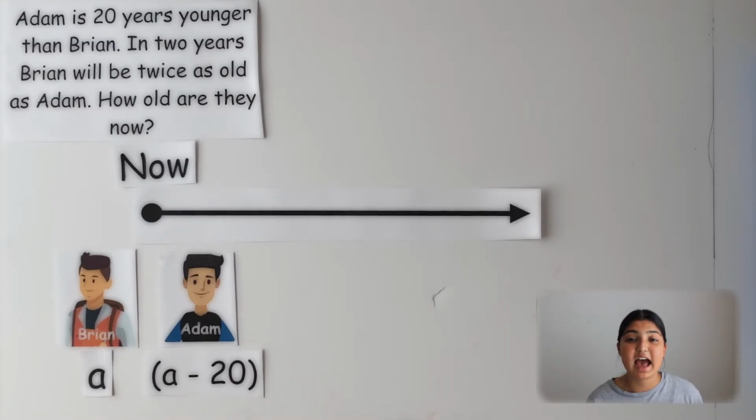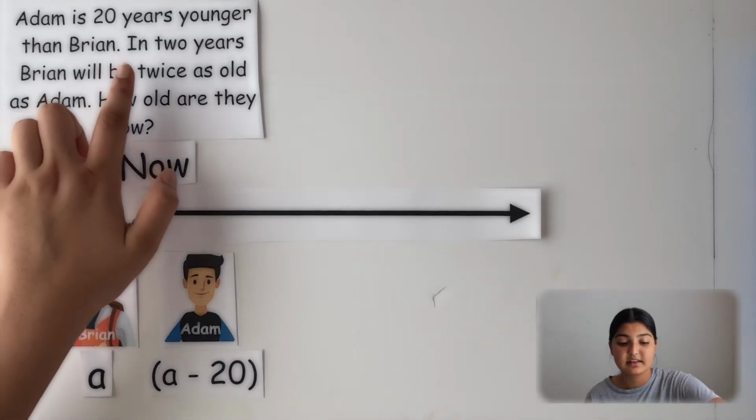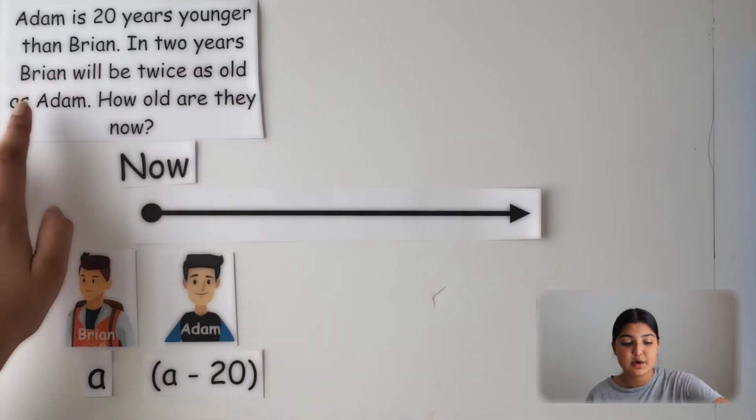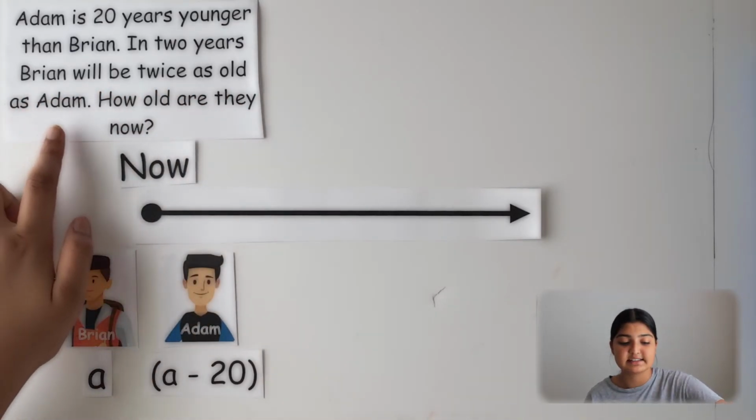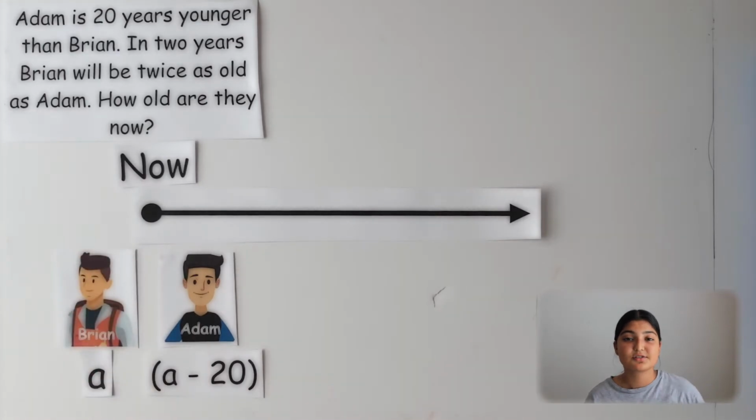Now let's look at the next part of this question. In 2 years, Brian will be twice as old as Adam. So let's fast forward 2 years.